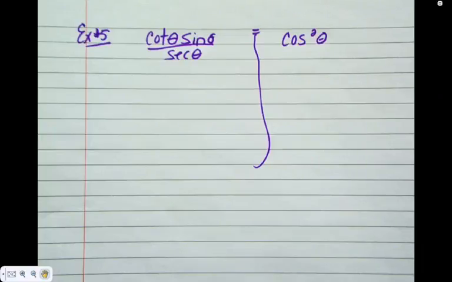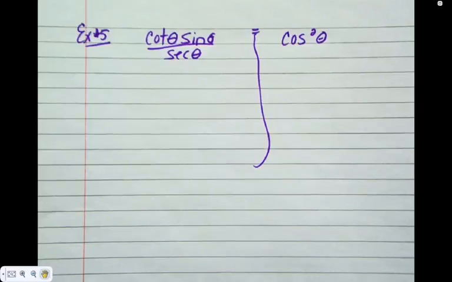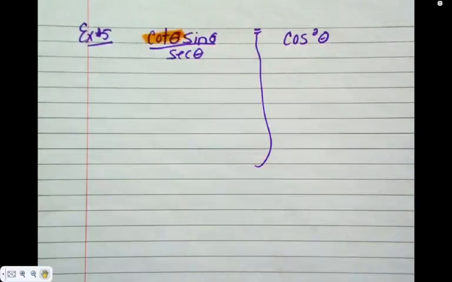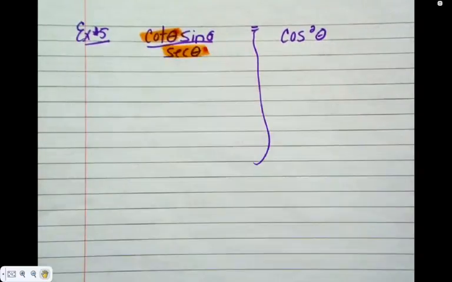Pick a side. Good choice. What do you want to do with the left? I don't know. What's the first step on your hint box? Change the sign and cos. So what do we probably want to take out? Cotan probably wants to come out, and secant probably wants to come out.